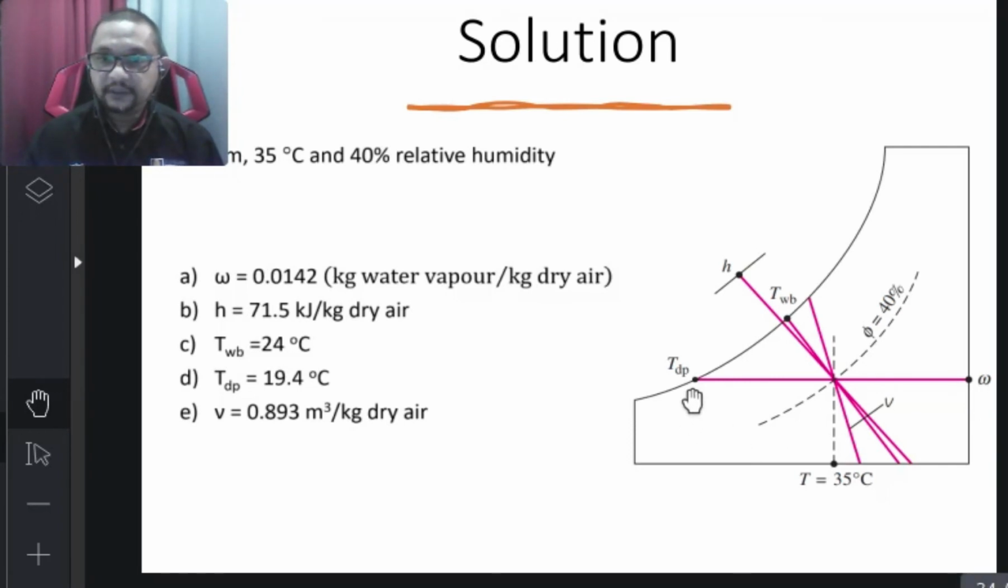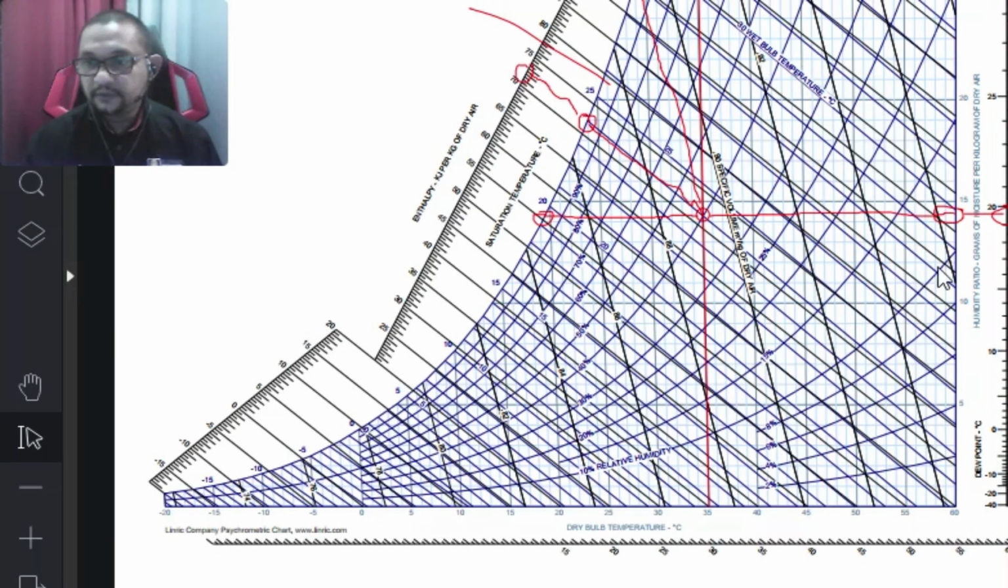For the dew point, it's about 19.4. So how do you get 19.4?